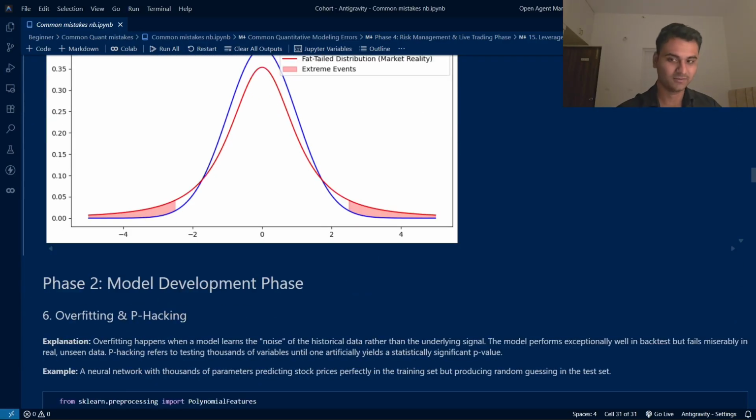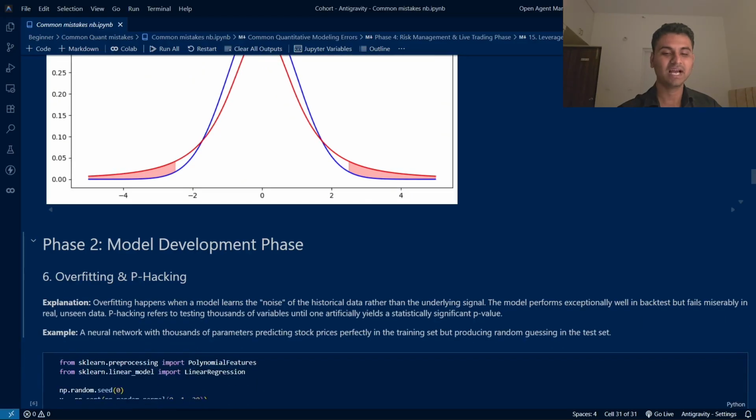No, right? Exactly. Now, coming on to phase two, the model development phase: overfitting and p-hacking. P-hacking is basically where you think that there is predictive power and you're overfitting to that predictive power. So let's assume during 2005 to 2025, you are optimizing simple moving averages, and after your optimization, you find that a 26 and 36 combo of SMAs gave the best possible returns.